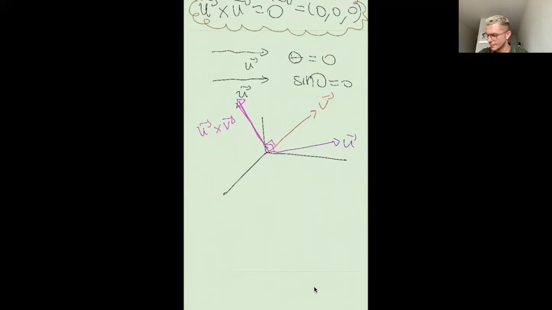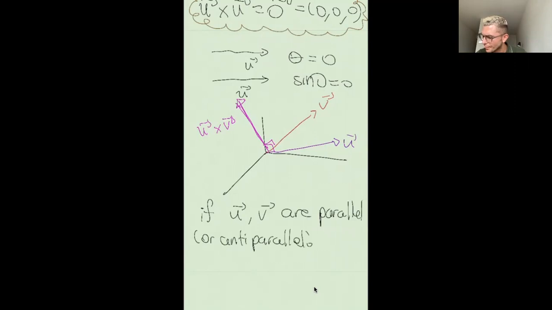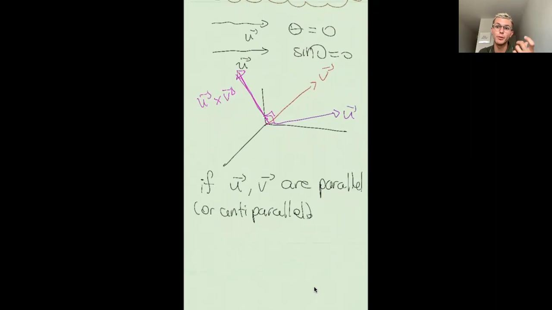So if u and v are parallel, or anti-parallel, a word that is used sometimes, meaning that one points in the opposite direction of the other, then the angle would be 180, and sine of 180 is also 0, right?